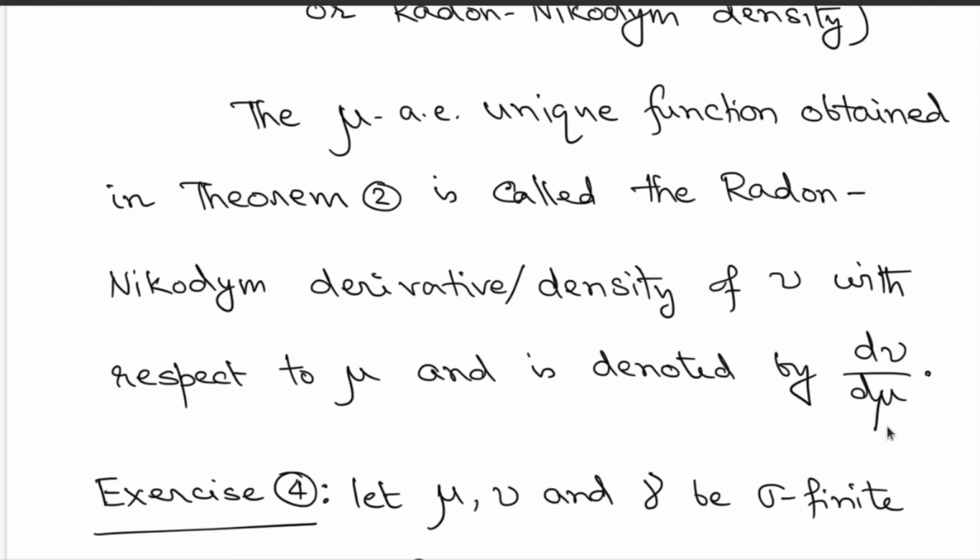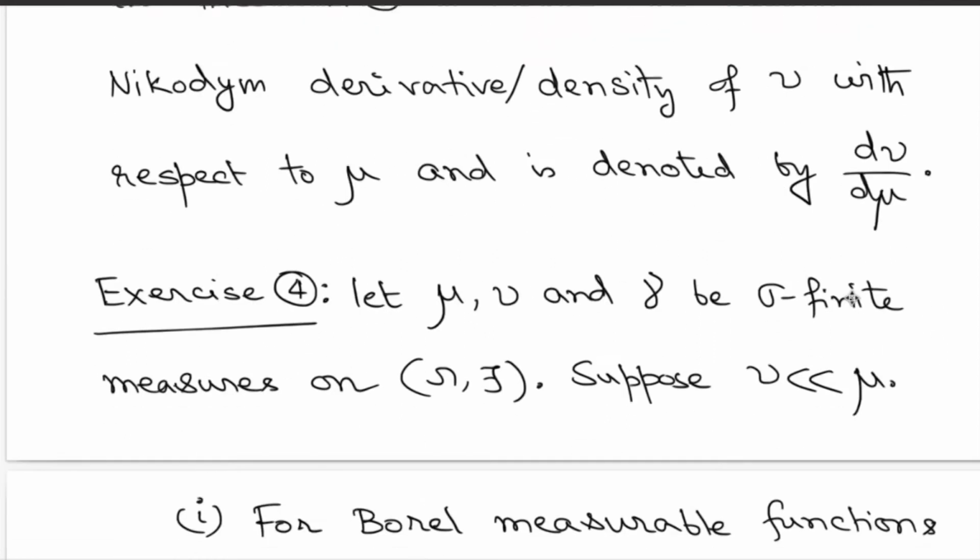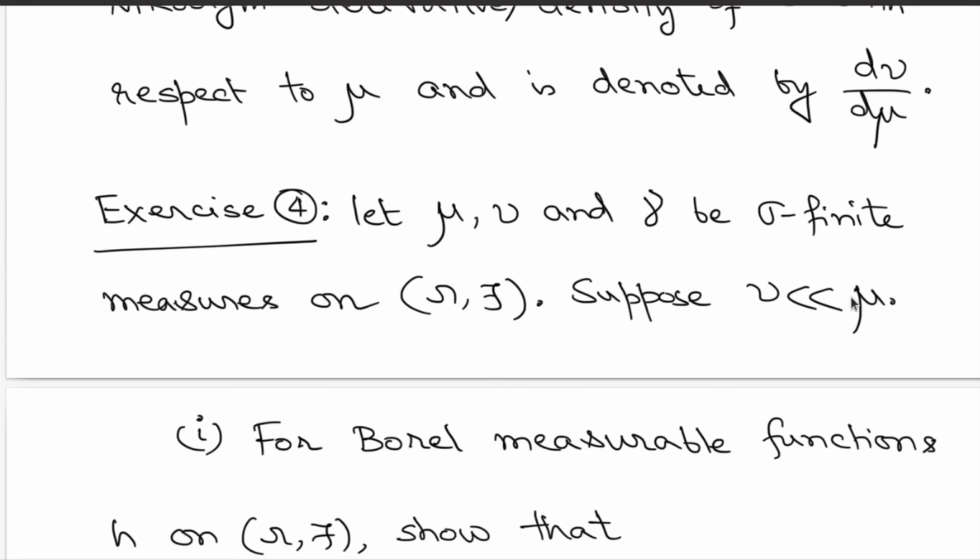So the idea is that given this second measure nu, which is absolutely continuous with respect to the first measure mu, you can get this function f, which is mu almost everywhere unique, and you are going to call it the Radon-Nikodym derivative or Radon-Nikodym density of nu with respect to mu, and write it in symbols this way. Okay, so let us try to understand what this Radon-Nikodym density is all about.